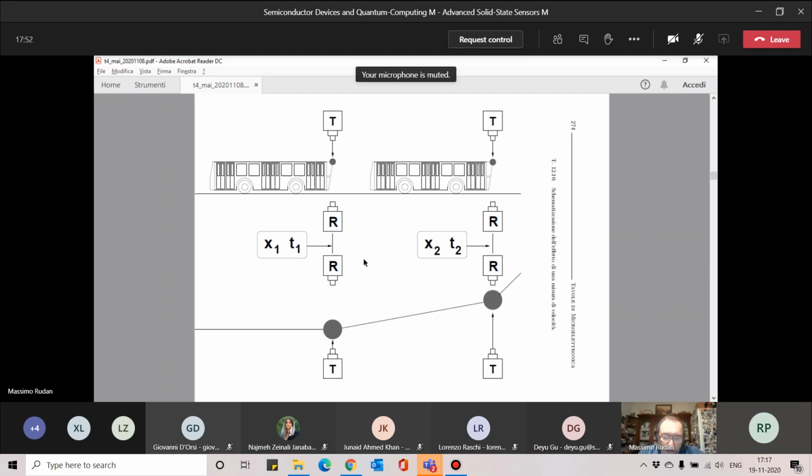So there is nothing against stating that the velocity of the tennis ball in between the two measurements can be calculated by taking the difference x2 minus x1 divided by t2 minus t1. This is something that we can still do, okay?